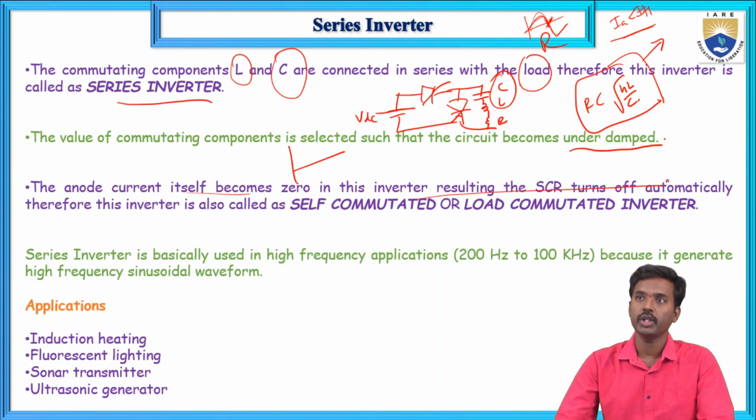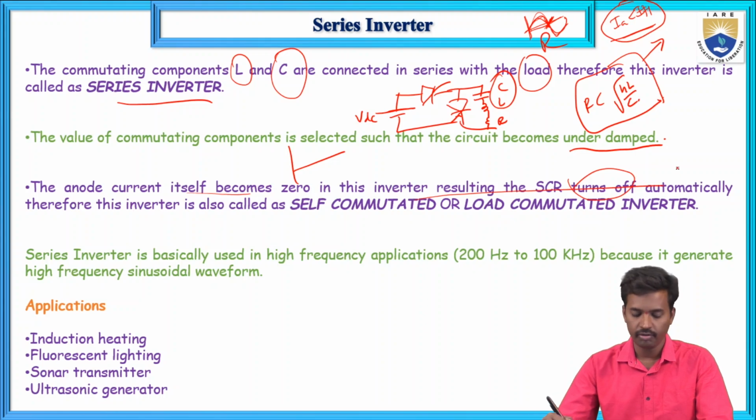That is the main purpose of commutation. Commutation means the process of turning off, either by bringing the anode current below the holding current or by applying reverse potential to the thyristor SCR; then only it will be turned off. Here the output current is a sine wave, so when it comes to 0 the SCR turns off automatically.